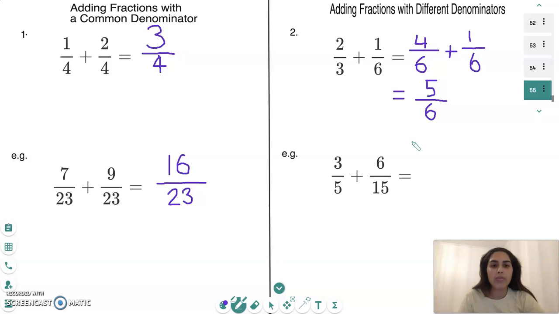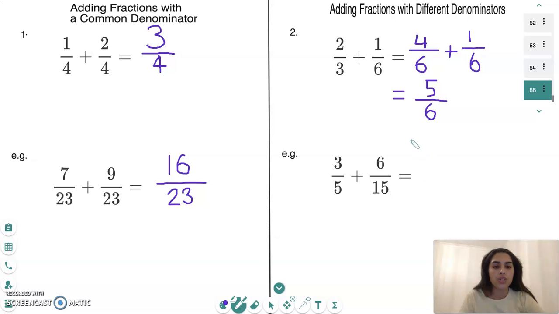So just to recap that, let's go over the example at the bottom of the screen. We have 3 over 5 plus 6 over 15. So how would we approach this question? The first step would be we need to find the least common multiple between 5 and 15 because the denominators are not the same in the question. Therefore, we cannot add the fractions together.